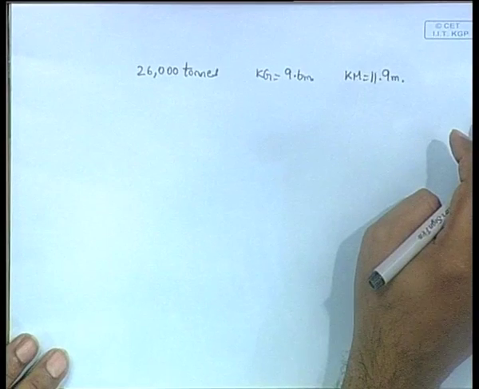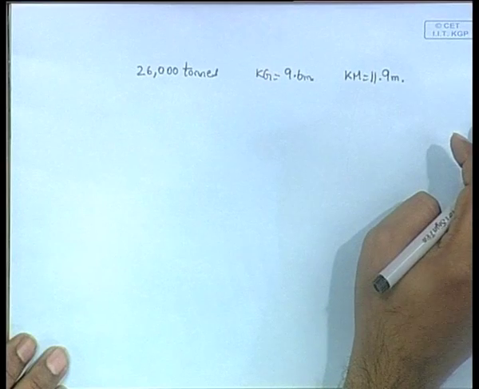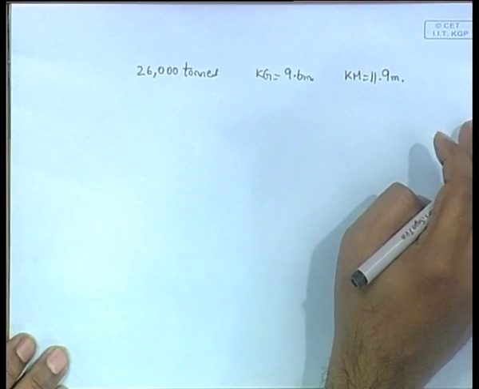Now, you are given the kn table, and you are asked, does this ship comply with the load line regulations?